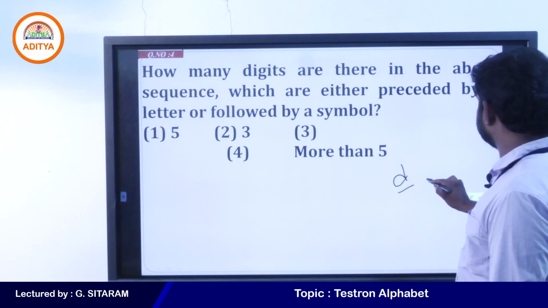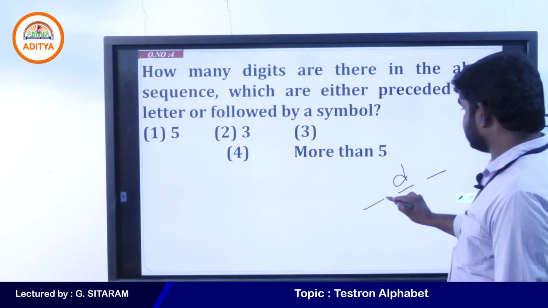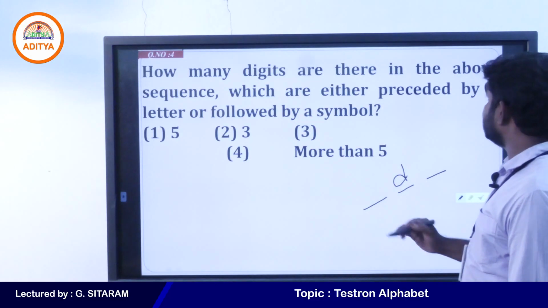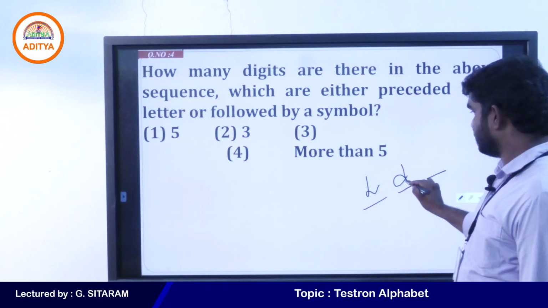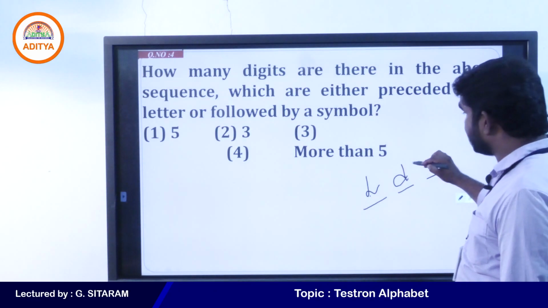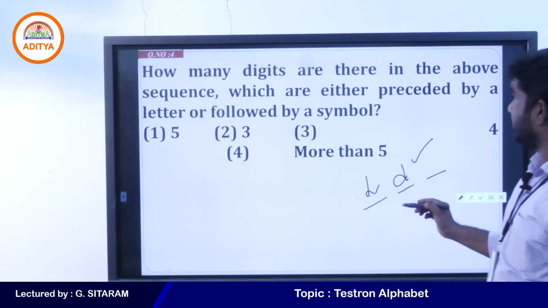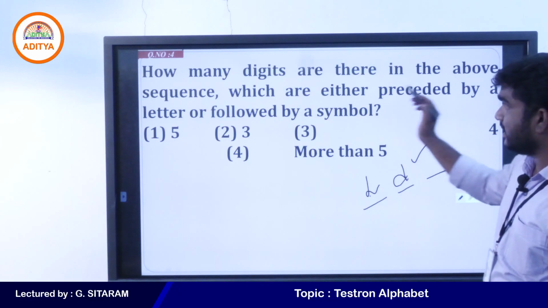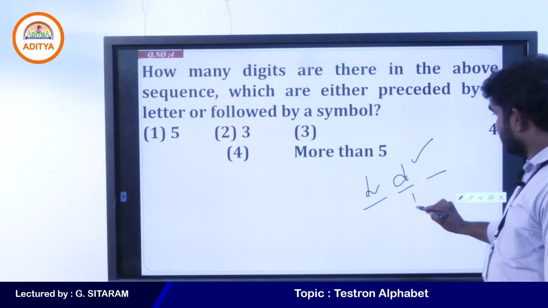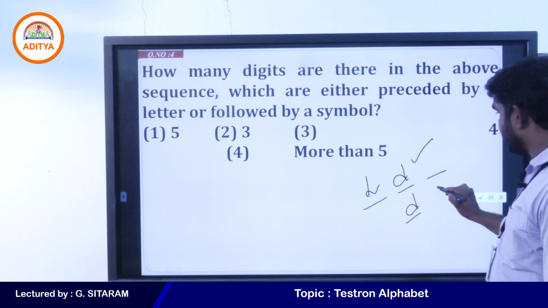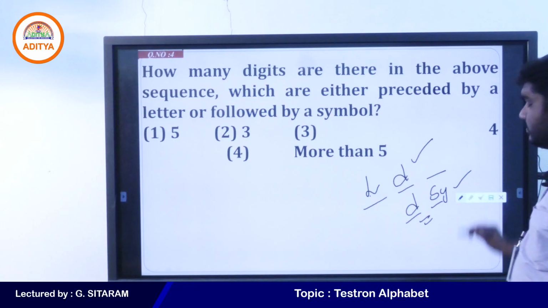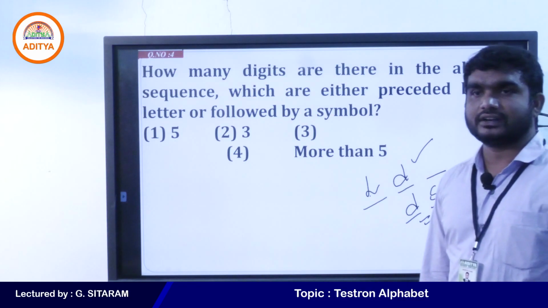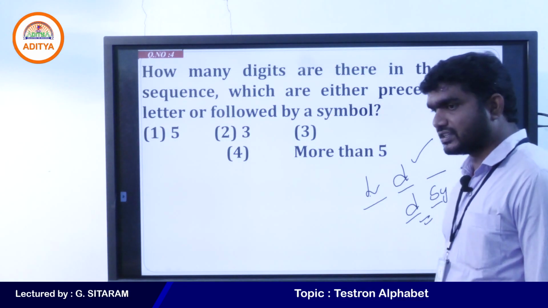Either in the sense it is preceded by a letter or followed by a symbol. If a digit is preceded by a letter, you can take it. If a digit is followed by a symbol, you can take this pair also. Okay. Then solve it and give your responses. I can see your responses.